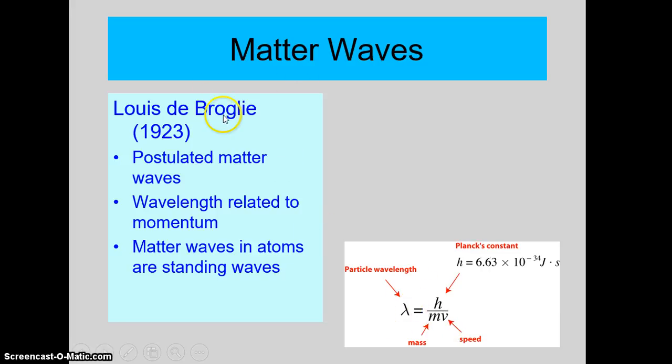Okay, so de Broglie was actually a graduate student in Paris, and he made this prediction. He used some formulas that were around already, one of Einstein's formulas, Planck's formula for light, and he basically put these things together to come up with this formula. You could actually do this with just high school algebra.